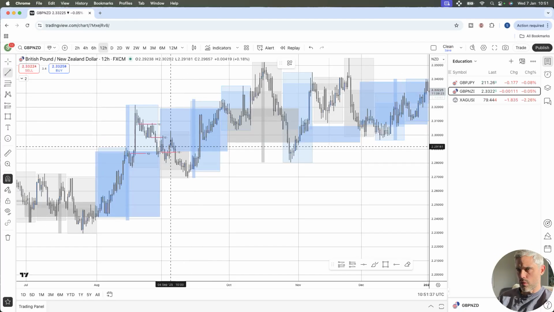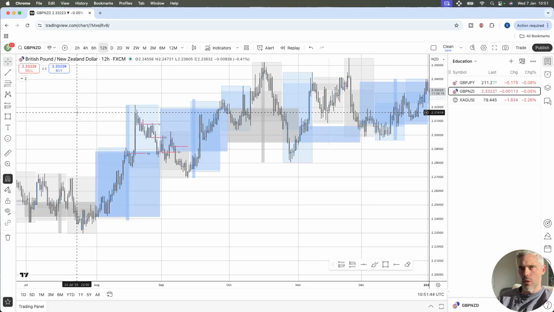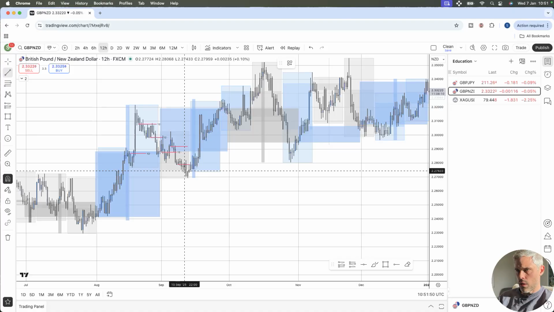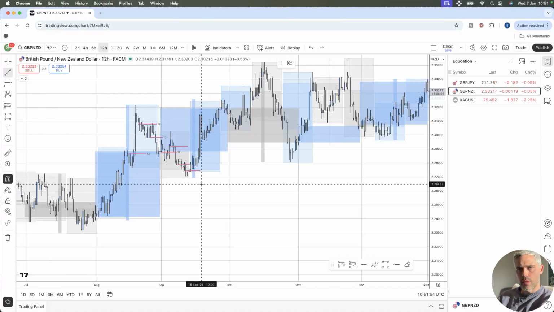But what happens? It just retraces again and creates another price leg lower and another 12-hour order block, and then eventually another one and another one before there is this structural shift.